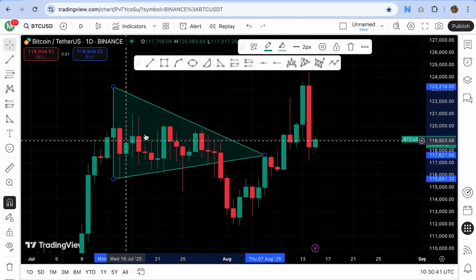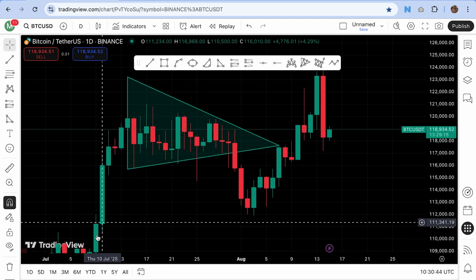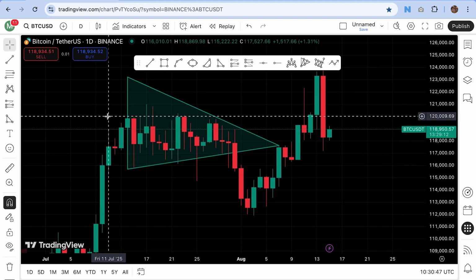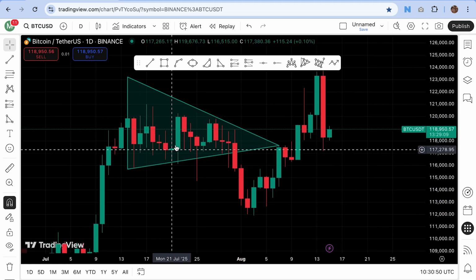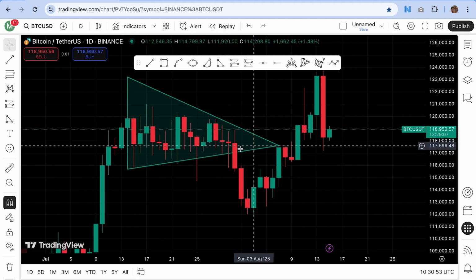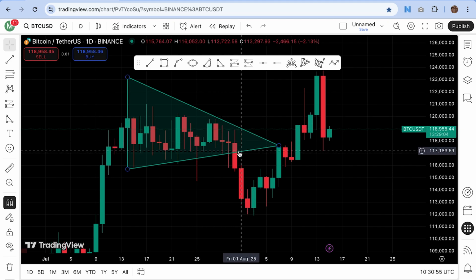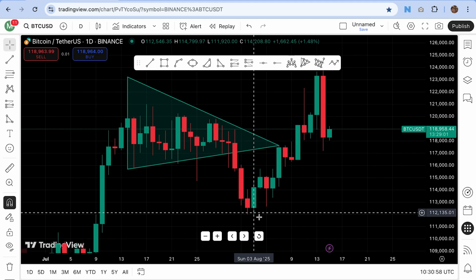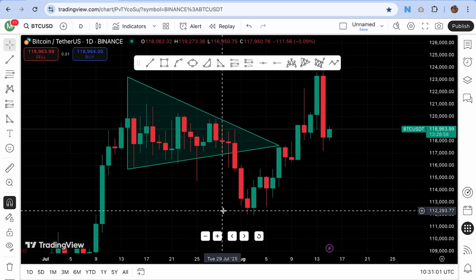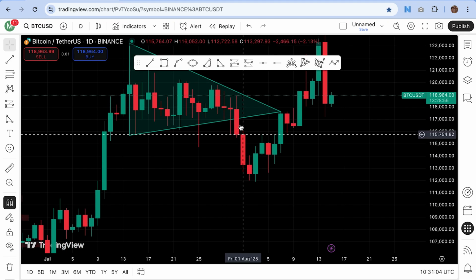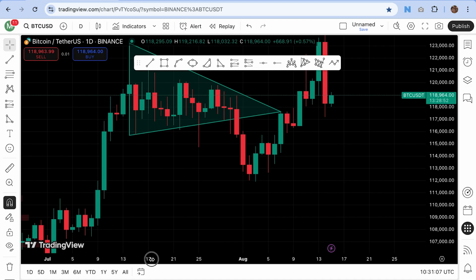Something like this. The market made a move upward from here and then moved into a triangle. After breaking this triangle, we got a small supply zone here. Now, if we look at where the supply came from, I'll switch to the 4-hour candle chart.